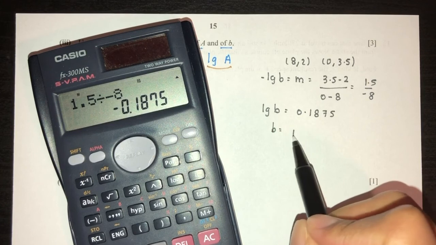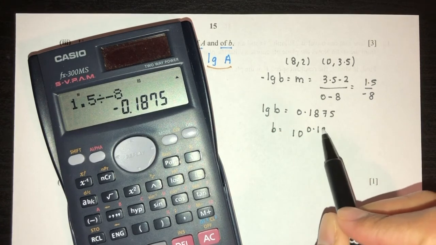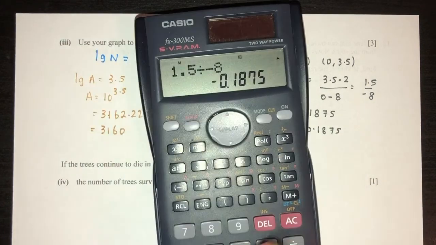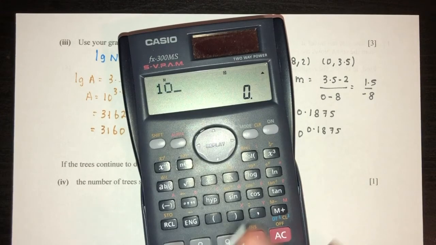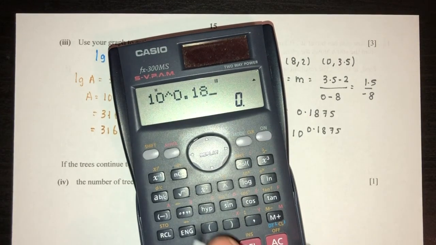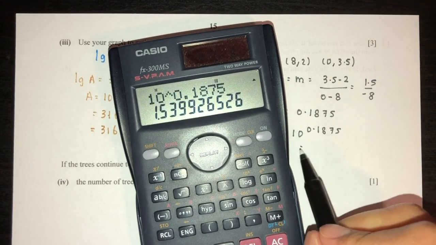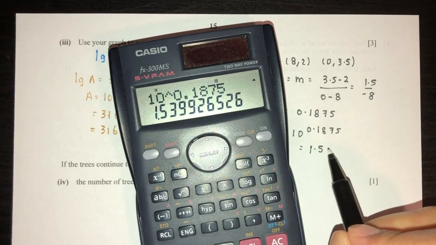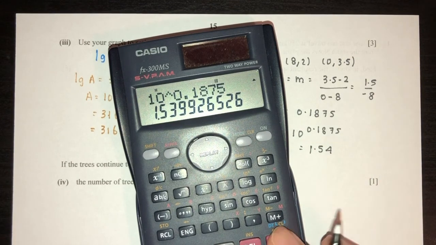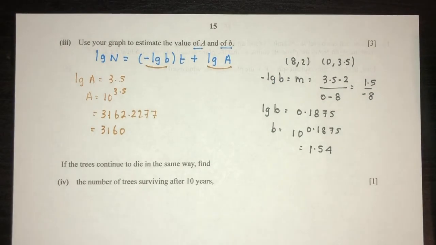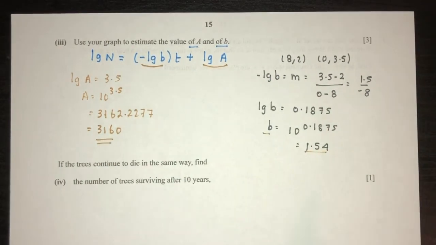So b will be 10 power 0.1875, which is 1.54 because we have to write correct to 3SF. So this is your value of b and your value of a, 3SF.